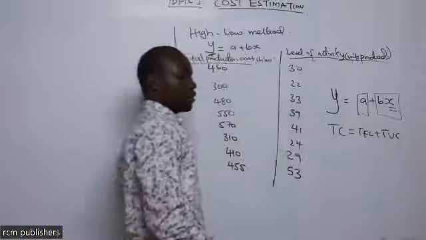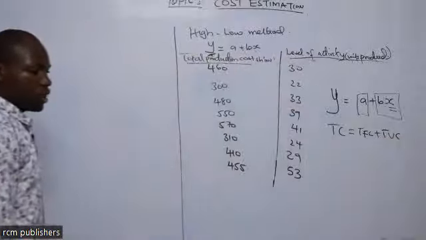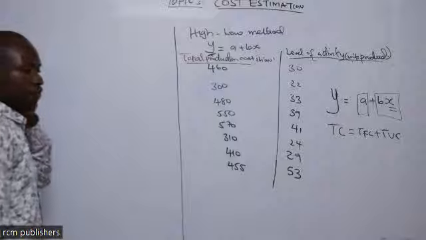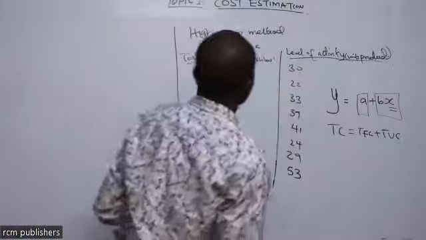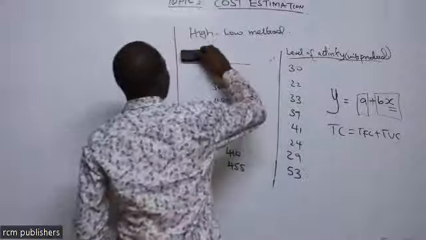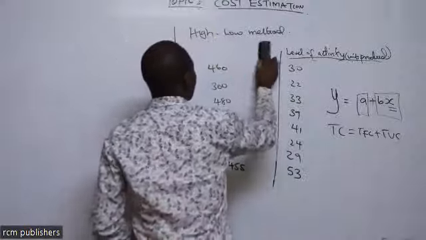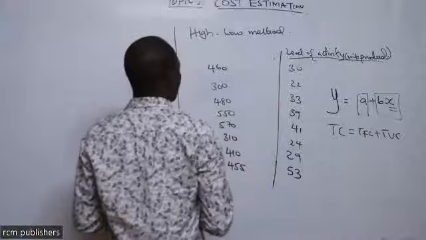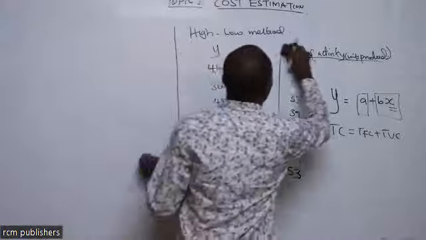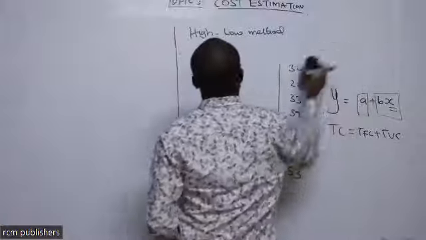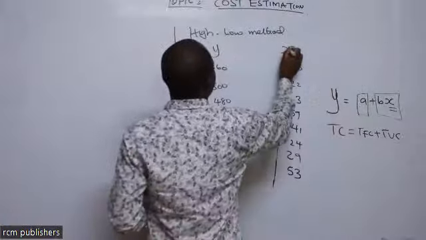Once you've known that, there's no need of again rewriting these titles. So we now know very well that you only have two: y and x.